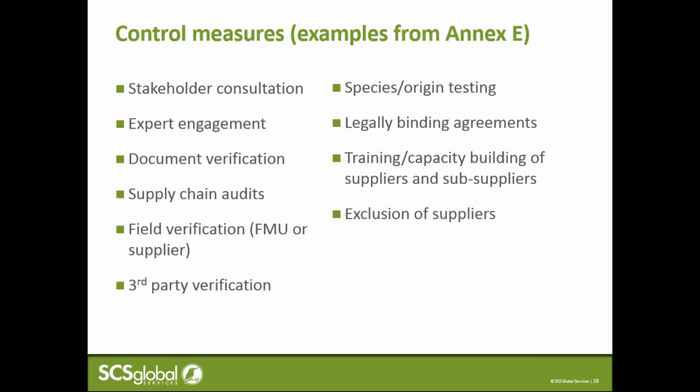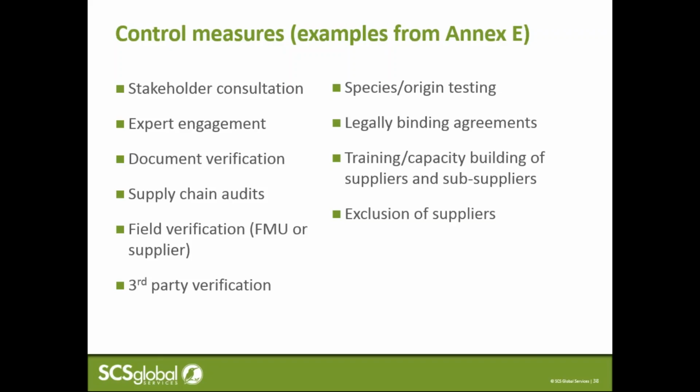Certificate holders may also use third-party verification, material testing, legally binding agreements, and/or supplier training and capacity building as control measures. Finally, certificate holders may simply exclude certain suppliers altogether from their controlled wood program. Again, these are examples only and are drawn directly from the new controlled wood standard itself.